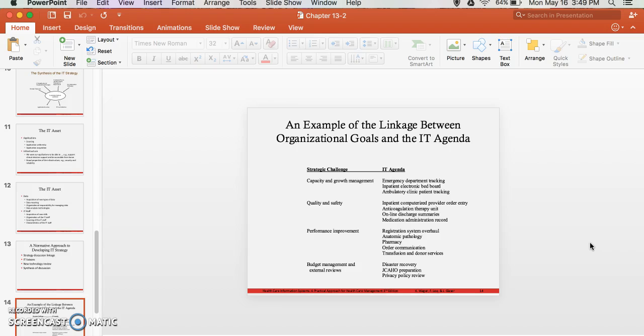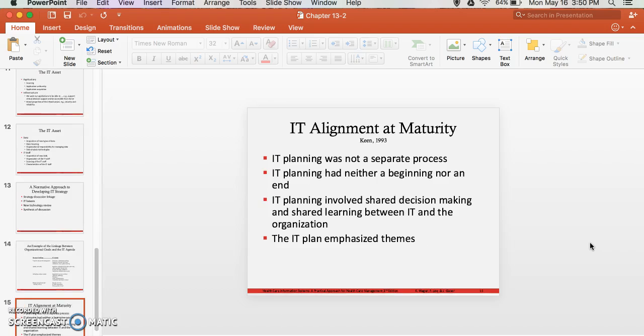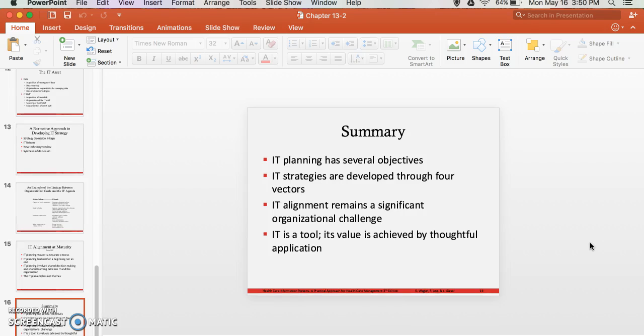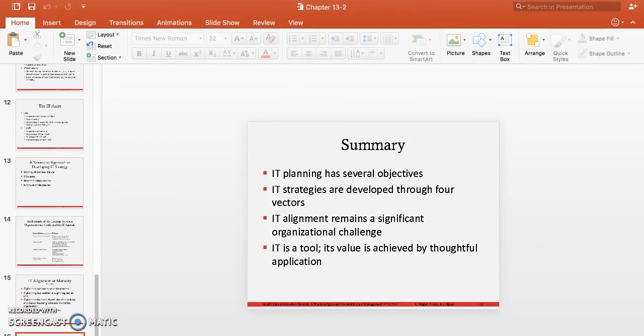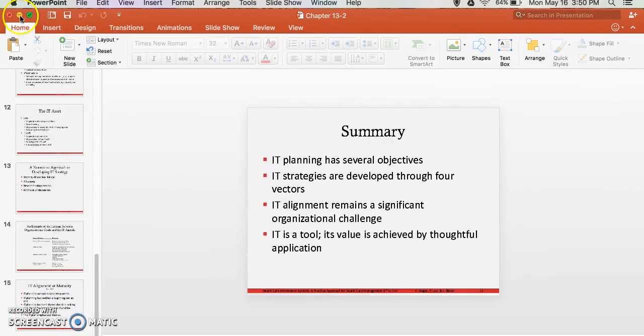So what sort of technology are you going to look at in order to achieve that goal? That's your linkage between your goal to reduce the stay of patients after major surgery and what sort of technology will allow you to do that. Okay, IT alignment maturity. So that's that. Okay, chapter 13, like I said, it's more generic.